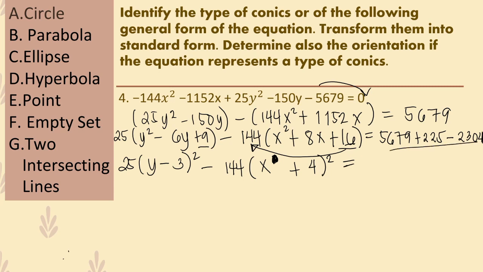Simplify lang natin to. 3,600. And then, divide lang by 3,600 para maging 1 to. Then, 3,600.